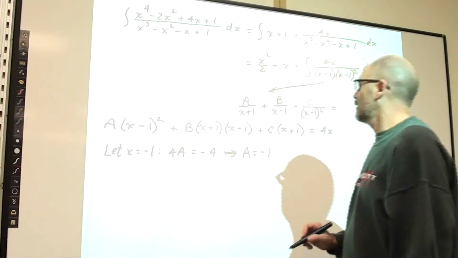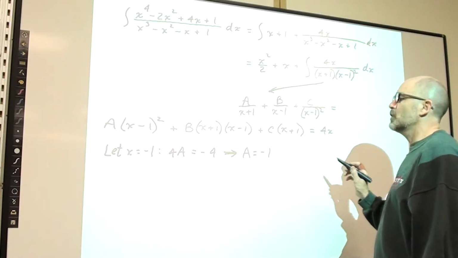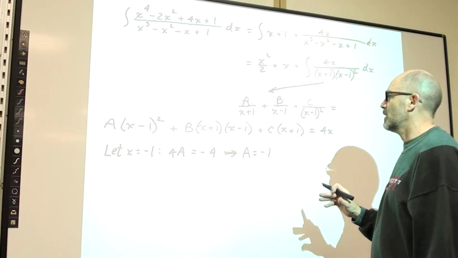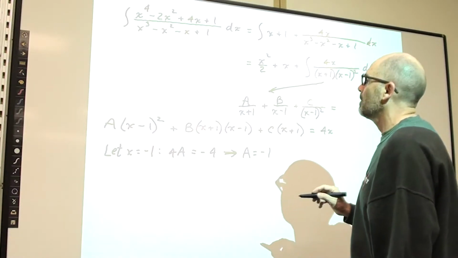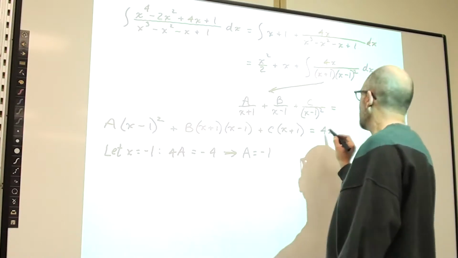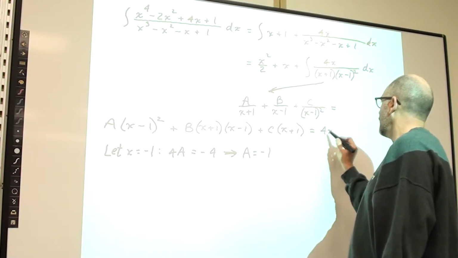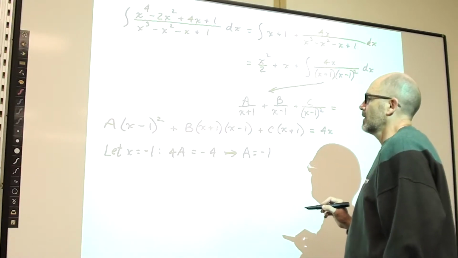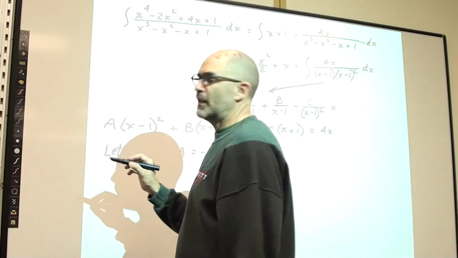This is another way of doing it. What I'm going to do is match up the x's with the common coefficients. So basically, I've got x to the first power multiplied by 4. That means, let's just distribute this out.